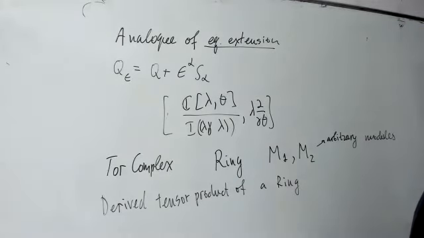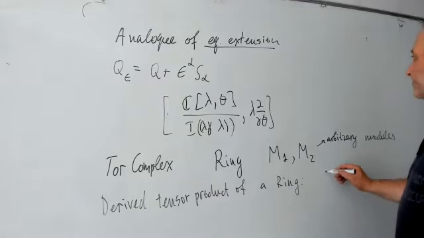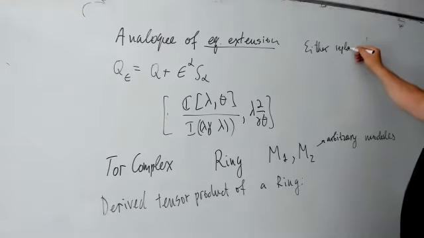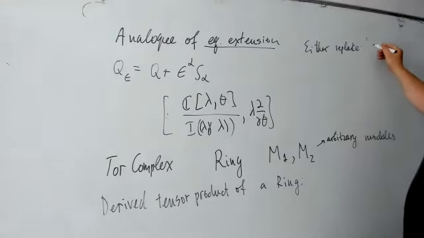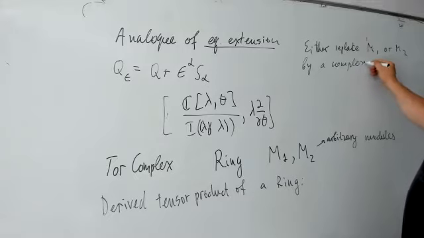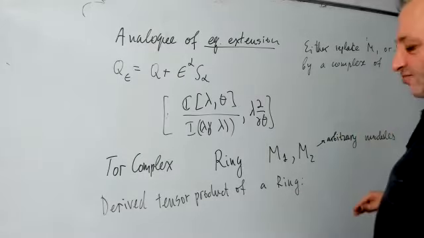We do it in the following way. We can replace M1 or M2 by a complex of, say, free modules. Sometimes people say projective, but in our case, it's enough to consider free.